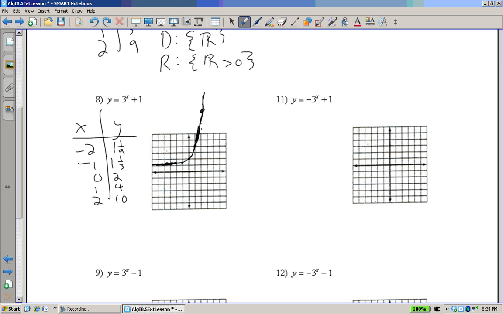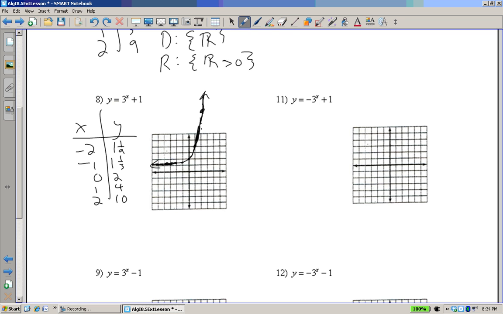Actually, I need to correct myself there. To the right, values greater than 0 on the x-axis of the domain, it will be very, very quick growth. Values less than 0, it will be very, very quick decay here.